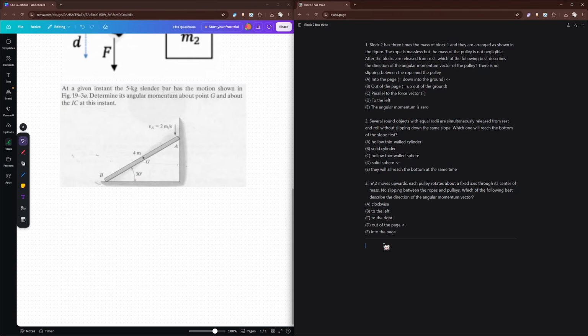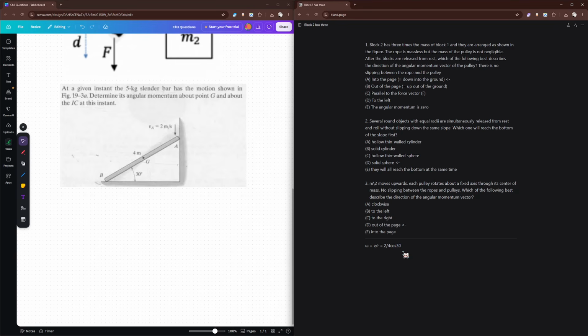So to get our angular velocity, right, we're going to be doing the formula, which is just V over R. And in this case, R is this 4 meters, and considering this angle, it's going to be equal to 2 over 4 cosine theta.